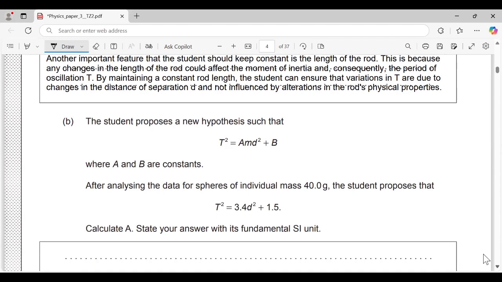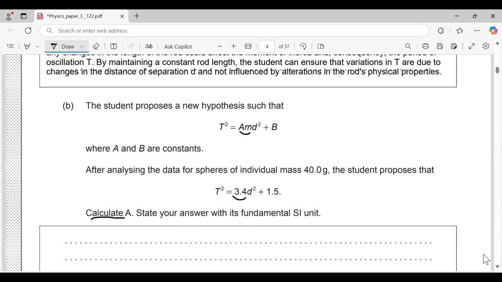Right. So if you look at this equation and this equation, A m equals 3.4. So we can calculate A through this similarity. A m, A is area, m is mass, that is equal to 3.4.